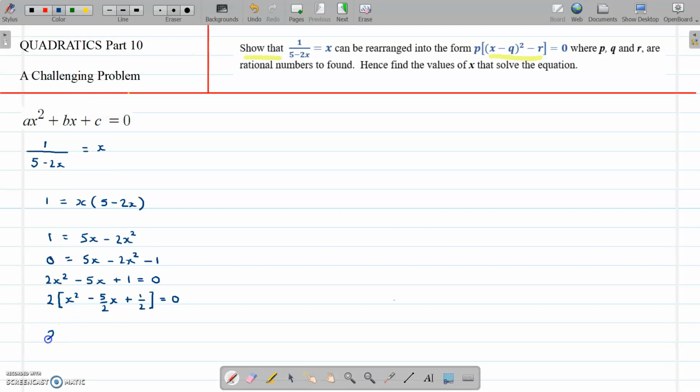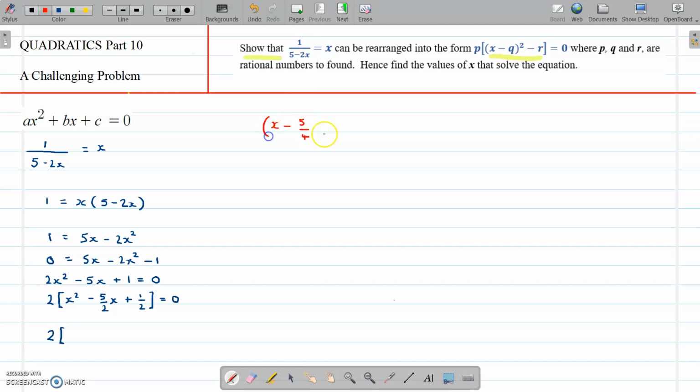So I've now got 2, and I'm going to consider, I'll do it over here actually, what do I get if I do the perfect square? x minus half of 5 over 2 is 5 over 4. All right, so I'll do it in a different color. So I'm going to do over here, x minus 5 over 4 all squared.